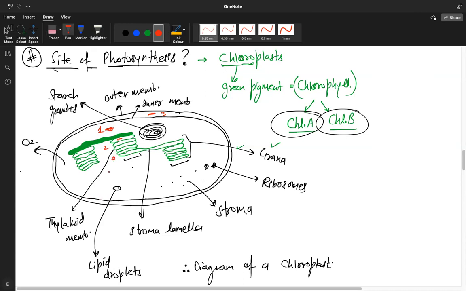So the proton has to be in the lumen. It is used inside the lumen. But oxygen has to be released outside of the cell. So oxygen is released on the outer side of the membrane, whereas the protons are released in the lumen. Is it clear?